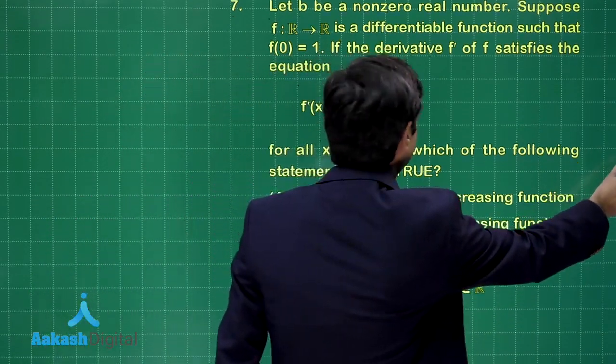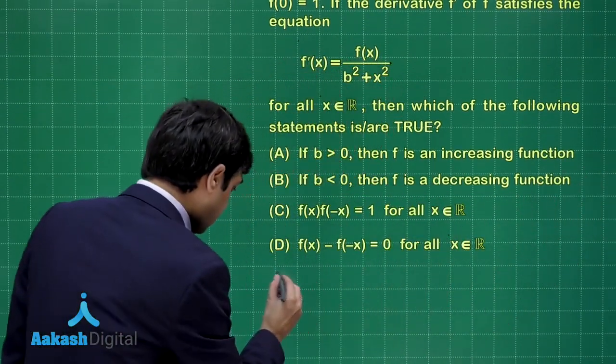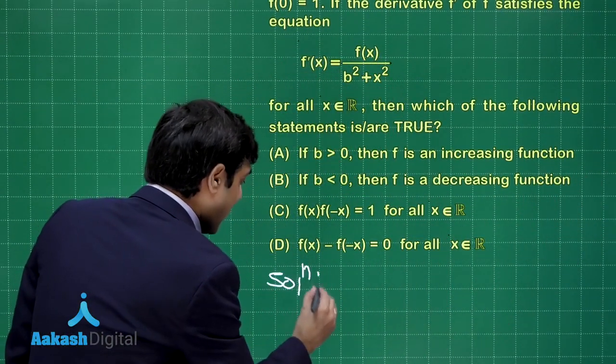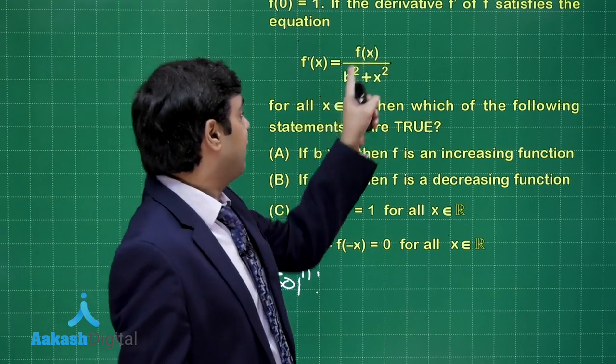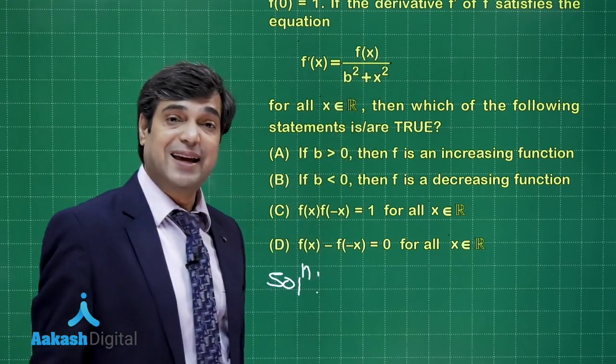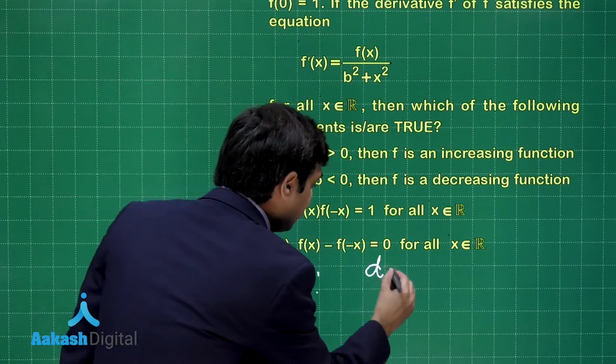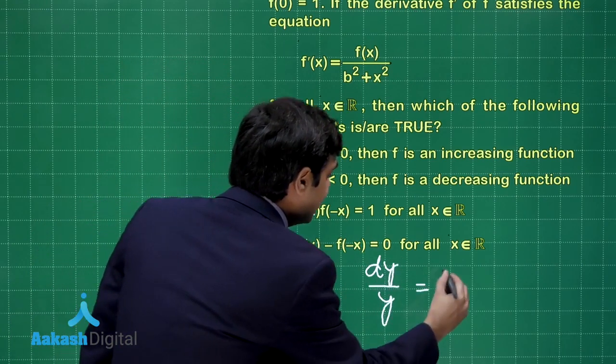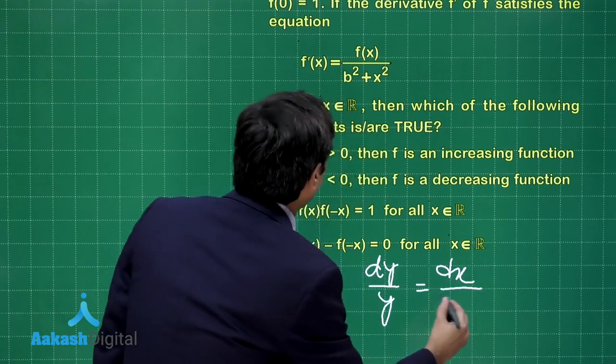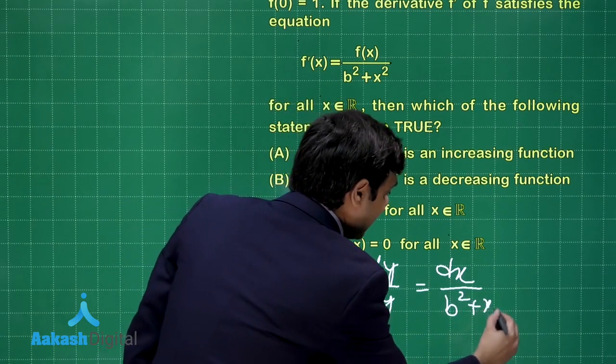So let's begin with this equation, which is saying f dash x is equal to fx upon b square plus x square. Let's consider fx as y, so you actually have dy by y is equal to dx upon b square plus x square.